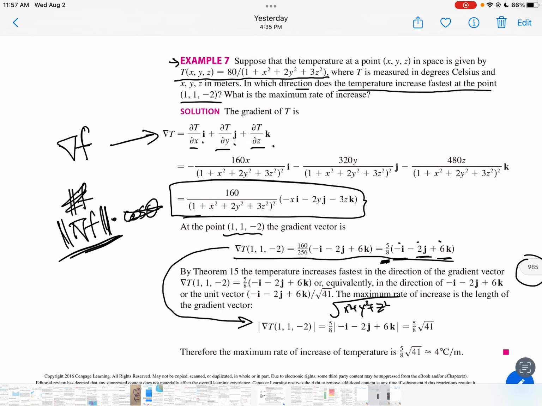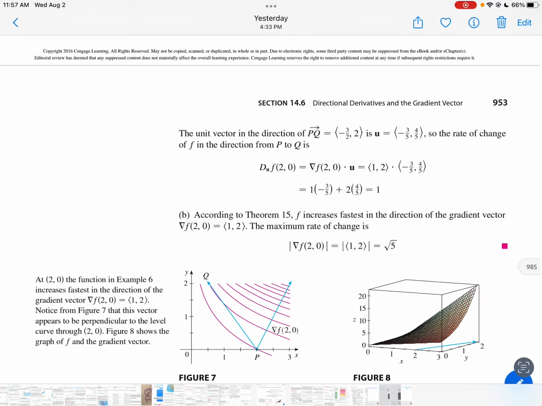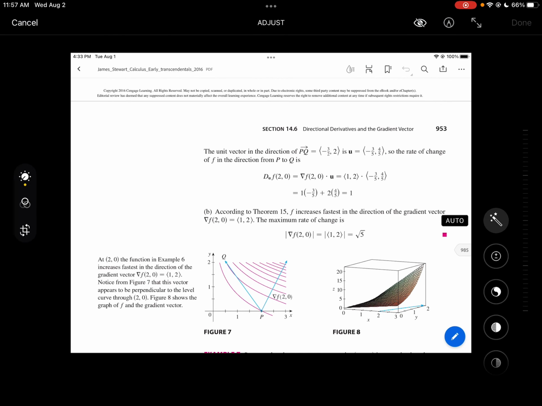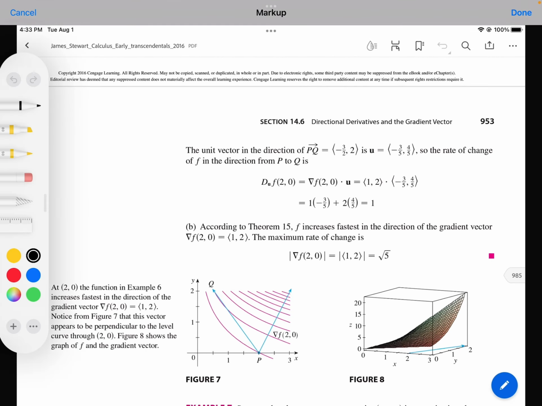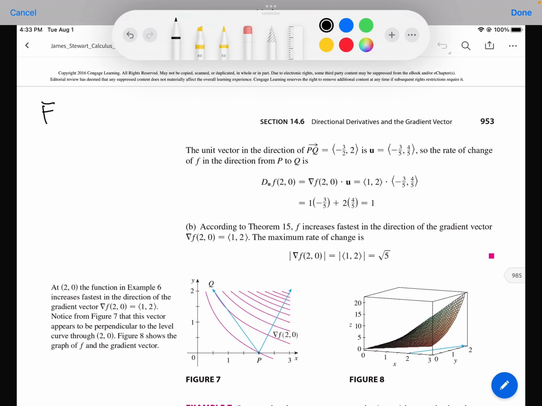And then I want to briefly talk about two things here. At least in this textbook, we have two scenarios. Either you have f of x, y equals z. In this case, you have x and y being independent variables, and z being the response variable.